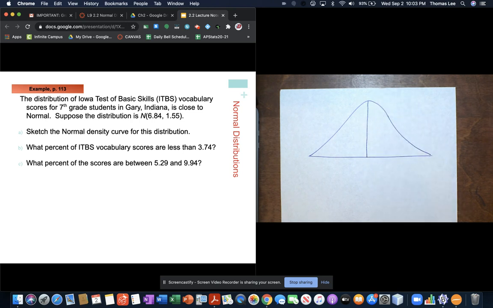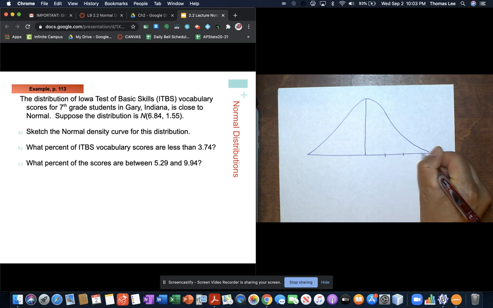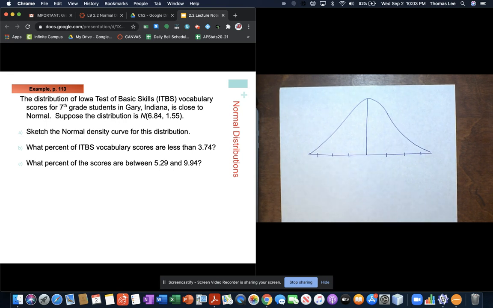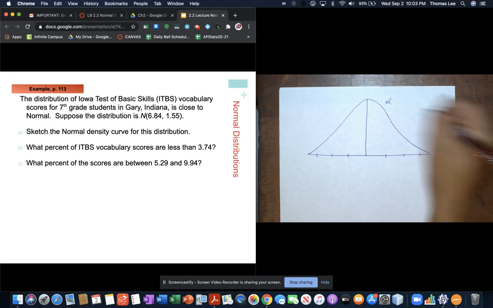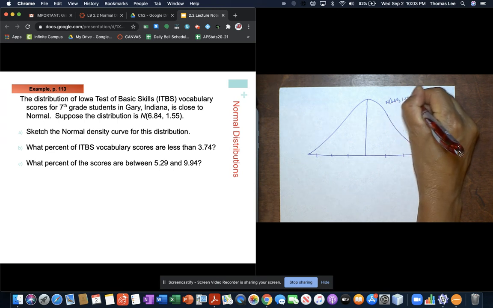There's my mean. Now I'm going to go out 1, 2, 3 sigma, and -1, -2, -3 sigma. I'll write that this is normal and my parameters are 6.84, comma, 1.55.